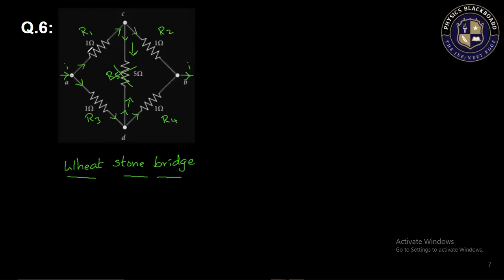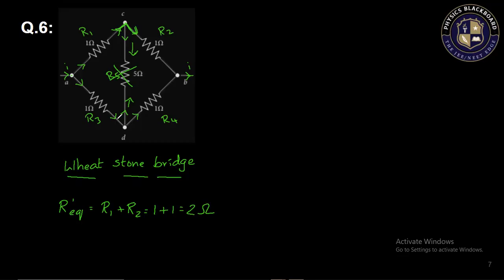The current which is passing through R1, the same current passes through R2, since here it won't divide. Now R1 and R2 are in series connection. Let's say R dash equivalent is equal to R1 plus R2, 1 ohm plus 1 ohm. You will get 2 ohms, right?